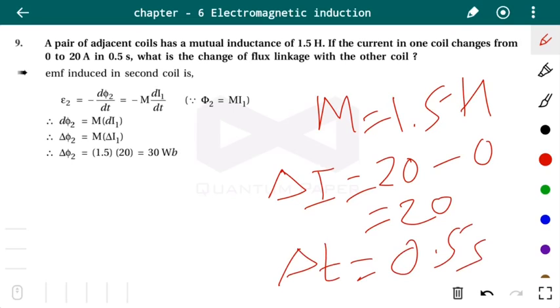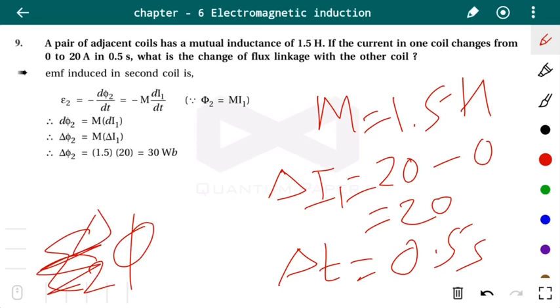Delta T equals 0.5 second. What is the change of flux linkage with the other coil? So here we are talking about one coil, and for the other coil we need to find the change in the flux.